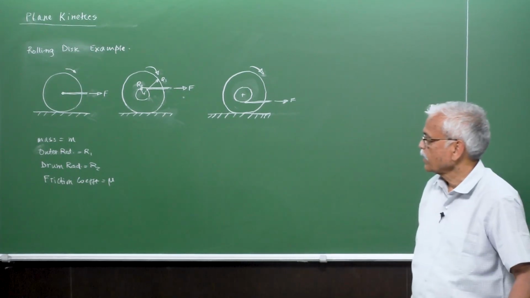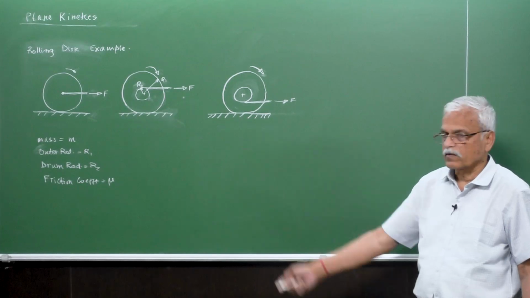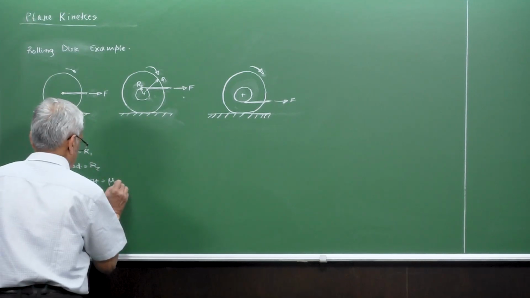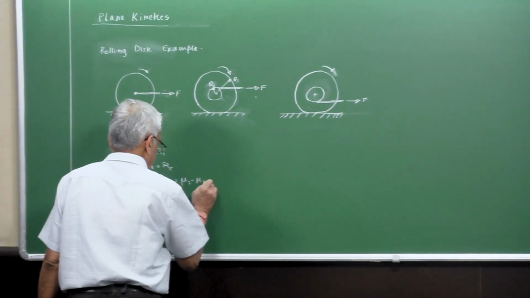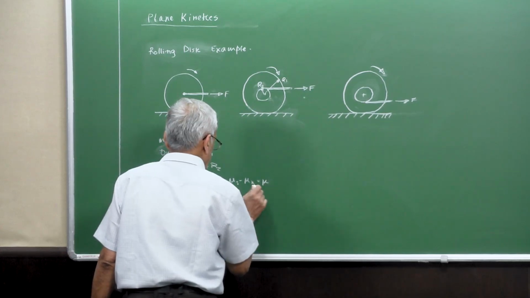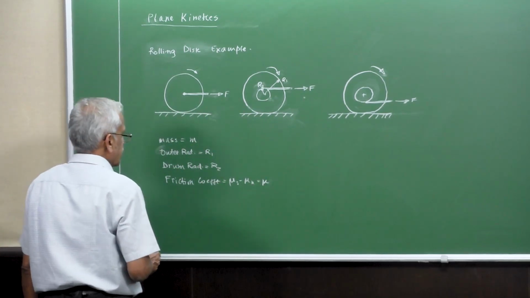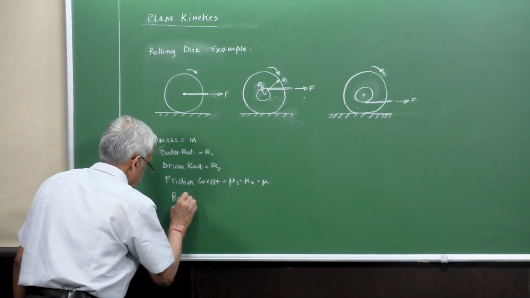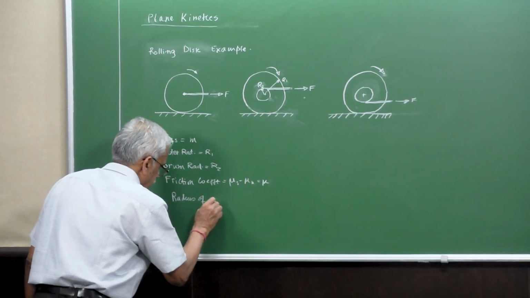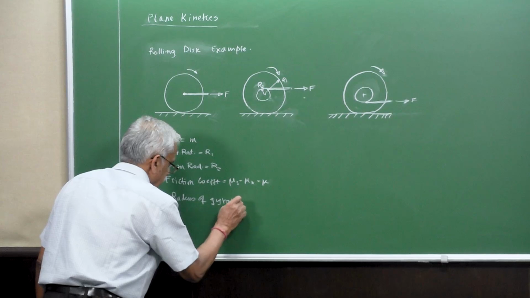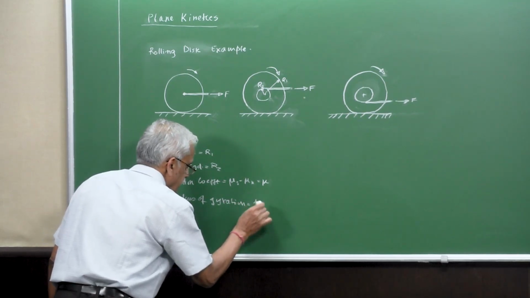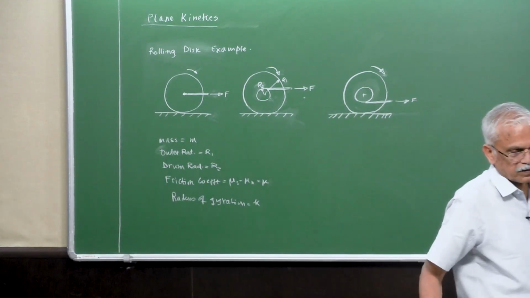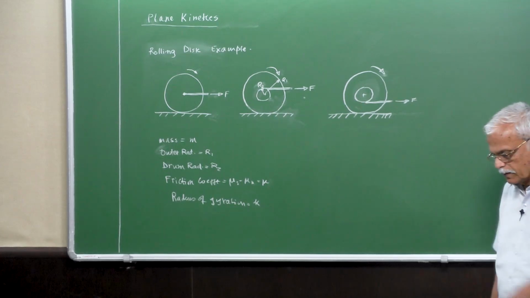Our emphasis is something different. So let's not put mu s and mu k, both are the same. Let's just keep it as mu only. And then there is also another important one, the radius of gyration is k for the cylinder together with the drum and everything put together, maybe including the wires as well.